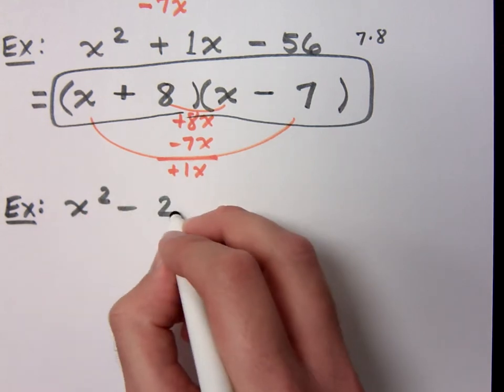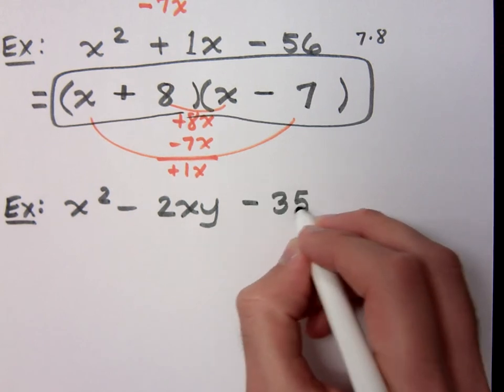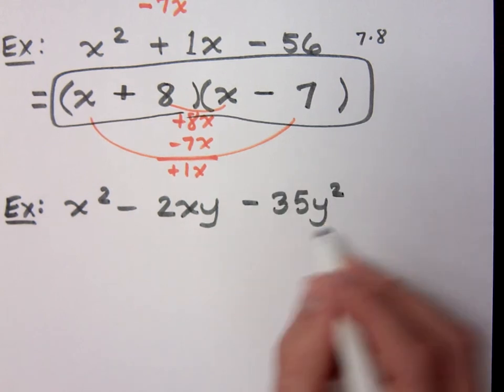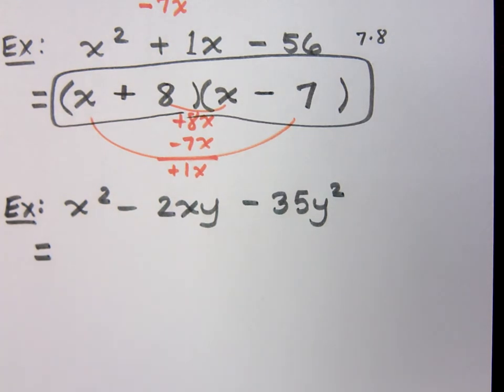x squared minus 2xy minus 35y squared. Is there a common factor to take out?